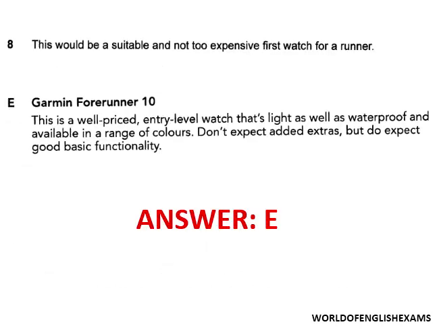So the 8th statement, this would be a suitable and not too expensive first watch for a runner. So let's read this paragraph E. Garmin Forerunner 10. This is a well priced, entry level watch that is light as well as waterproof and available in a range of colors.